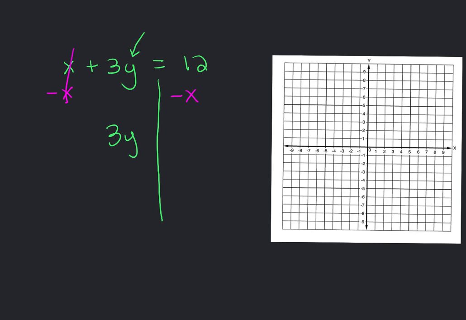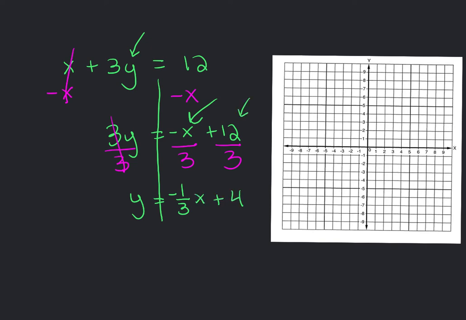So 3y equals, I'm just going to write this as negative x plus 12. Now to get y by itself, I need to divide by 3, but I'm dividing everything by 3. So y equals, so this can turn into negative 1/3 x plus 12 divided by 3 is 4. So it's in the correct form.